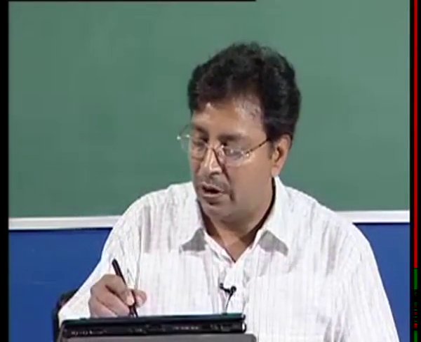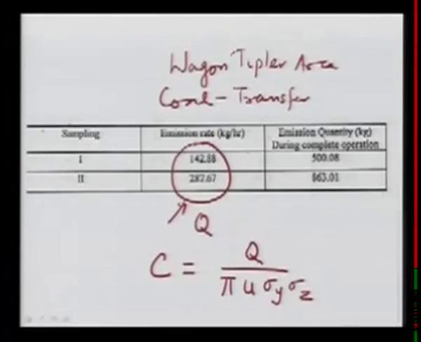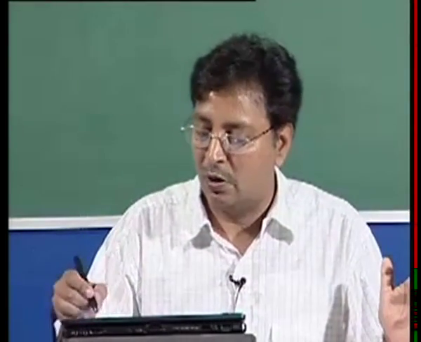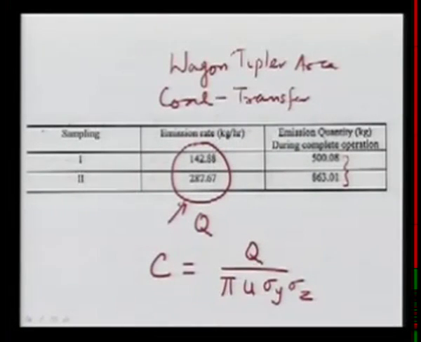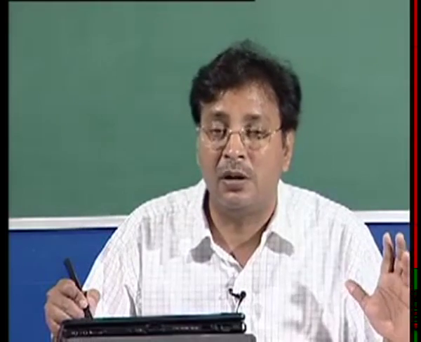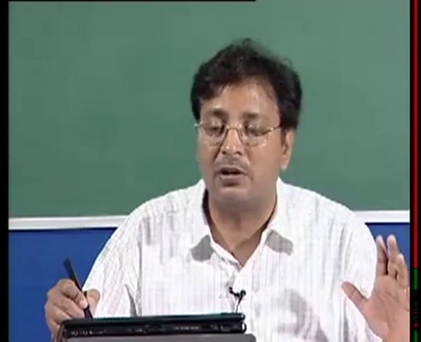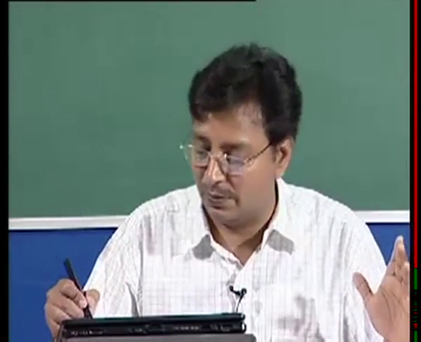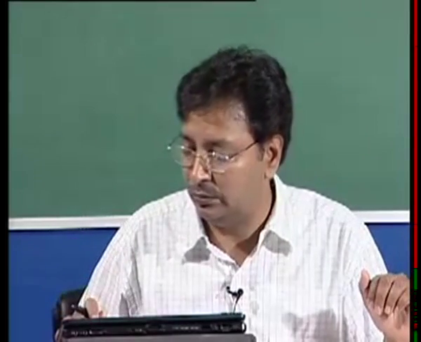Depending on the number of hours of operation, meaning the train is coming or the wagons are coming and being transported, suppose the whole operation went on for, let's say, 8 hours, then you can find out the total emission occurring from the unloading operation. Let's also remember that this not only causes air pollution, but is sheer wastage of the raw material, because coal is a raw material in the process.